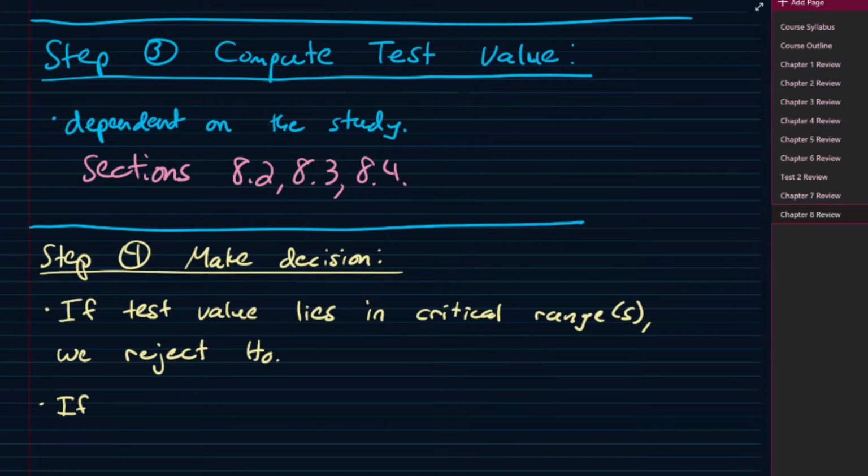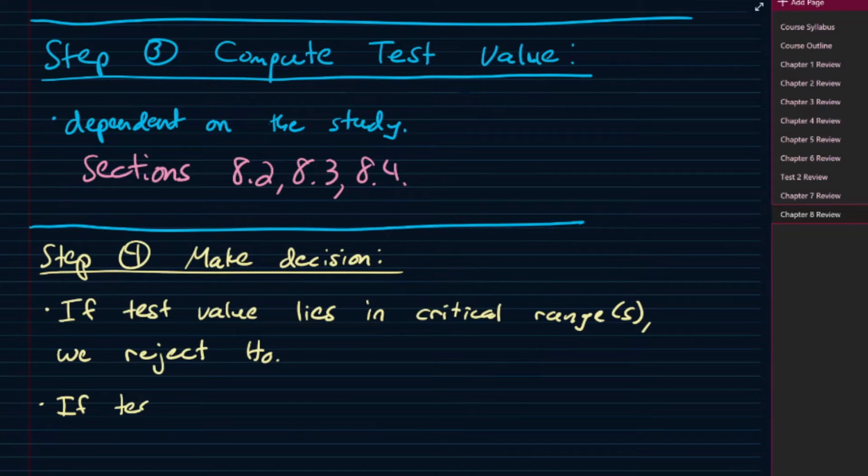The insulation example. Say it decreased their monthly expenses by $30. Then that would be so statistically significant that we could reject the null hypothesis in a way. So if the test value is in the critical range, reject.